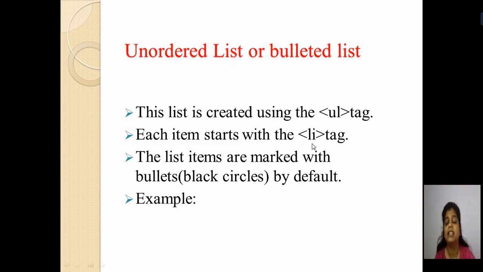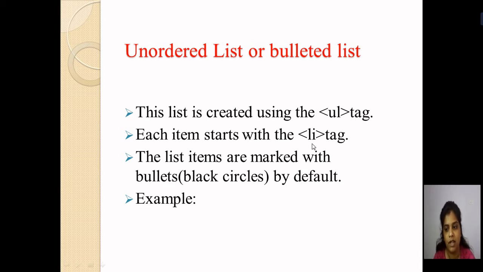The unordered list items are marked with a bullet. A circle with black color, a fully black circle, is the default marking symbol of an unordered list. For example, we will see one short example. There are different types of bullets used in an unordered list.